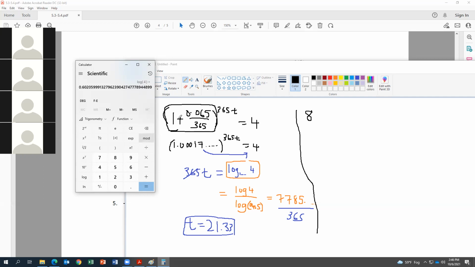So what I do here is I do this again and do log. So you do 1 plus 0.065 divided by 365, and then you do the log of it. So this is what you get, 7785.269.